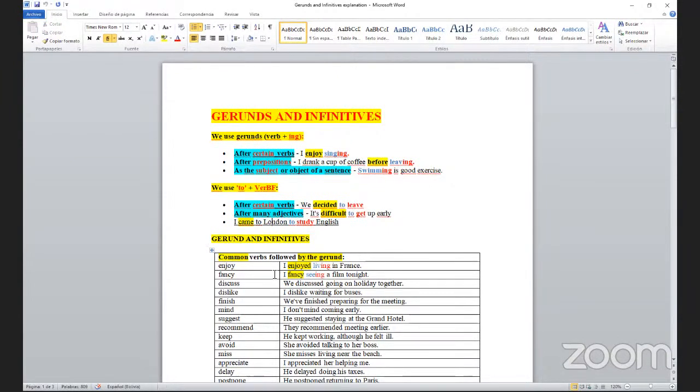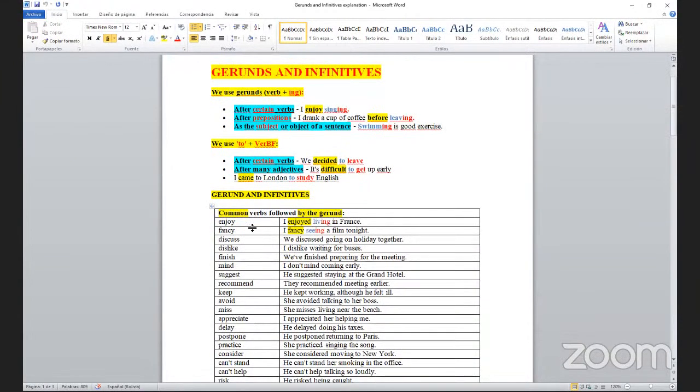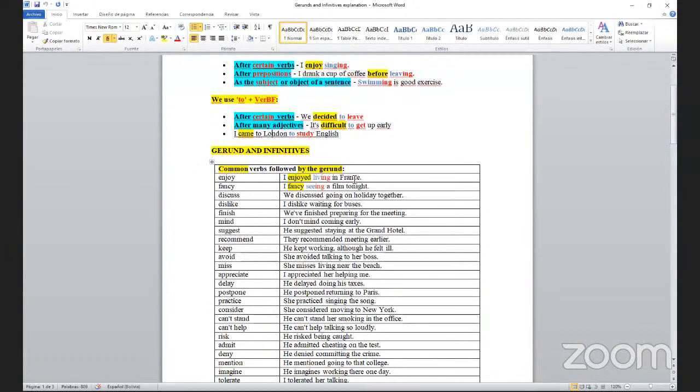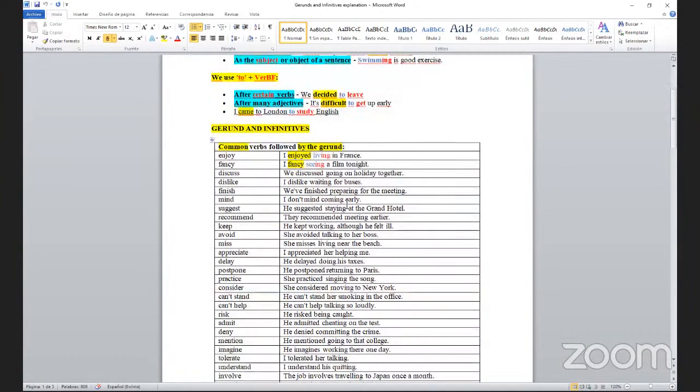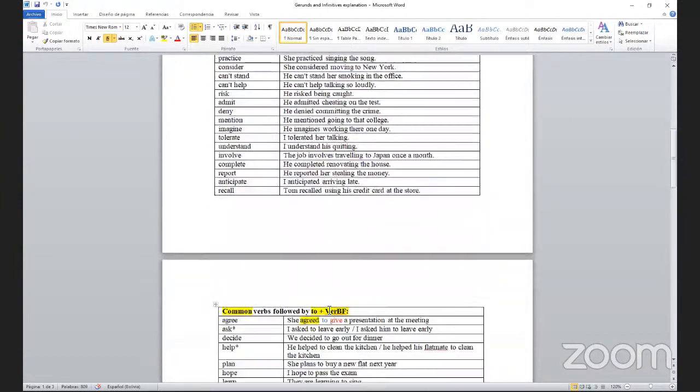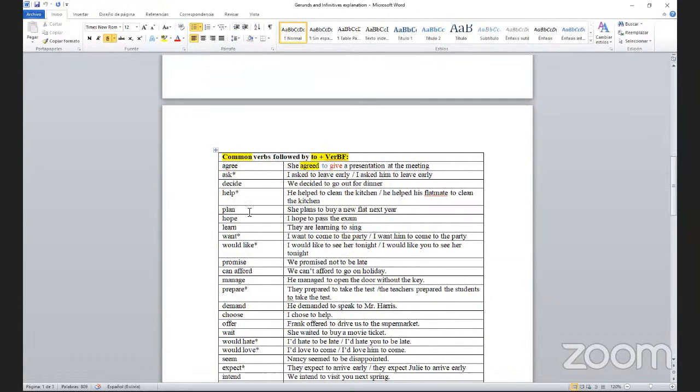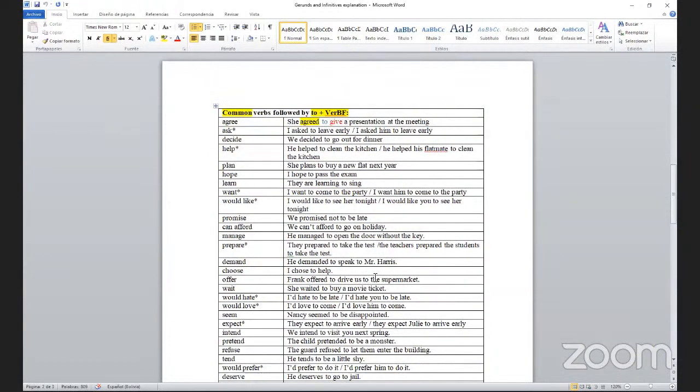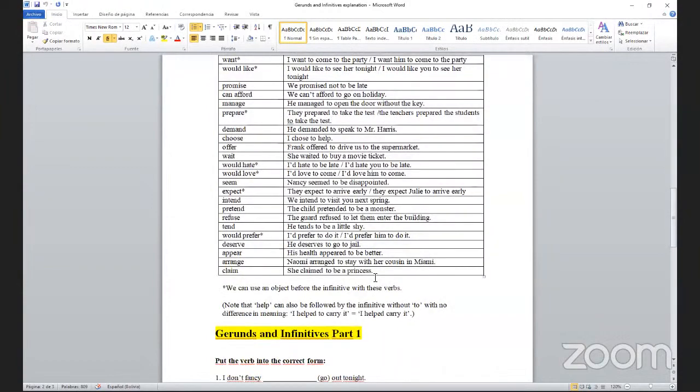So here we can see a common list of verbs that works only with gerunds, and you have some examples in some sentences, okay? And here you have another verbs that works only with infinitive, and you have some examples too, okay?